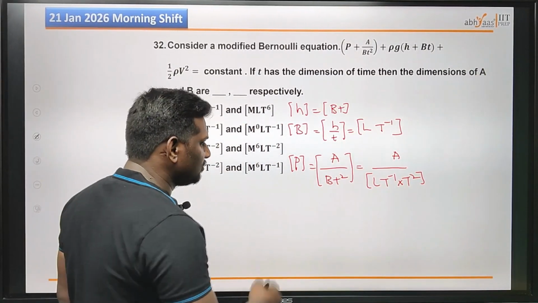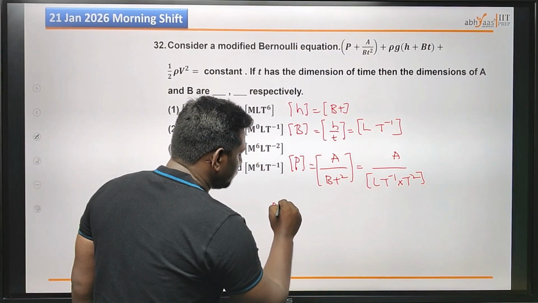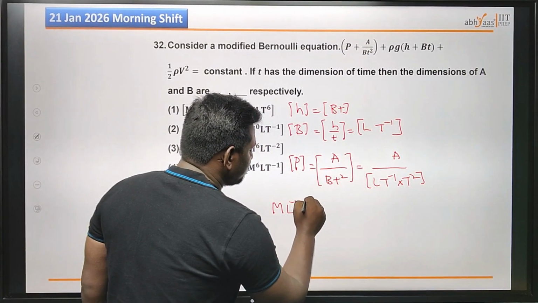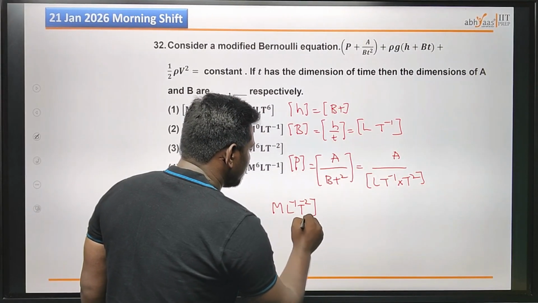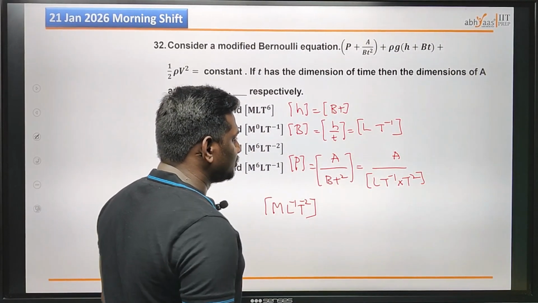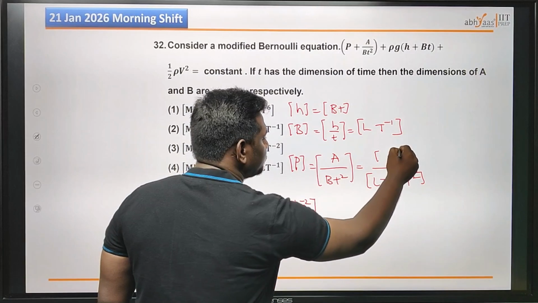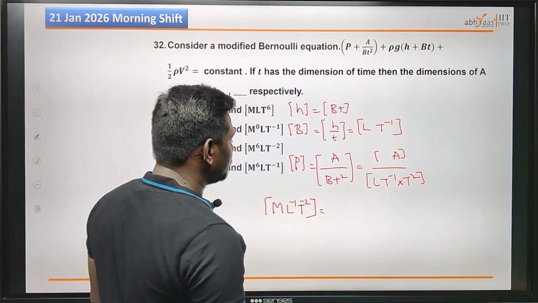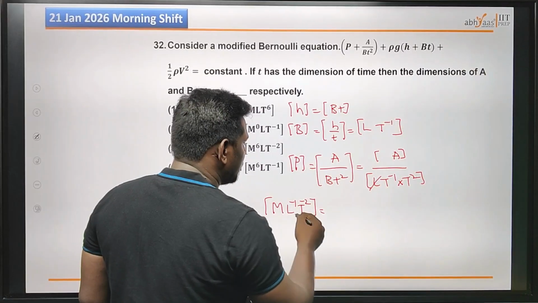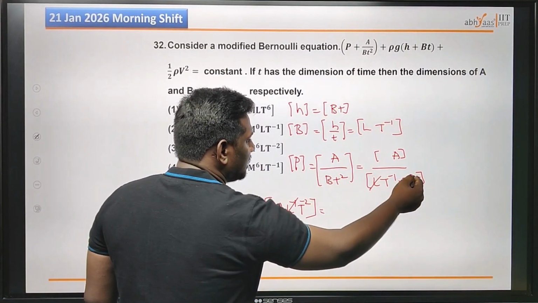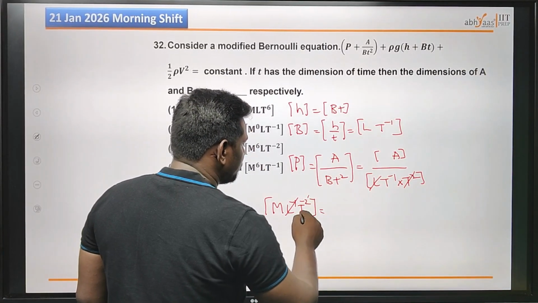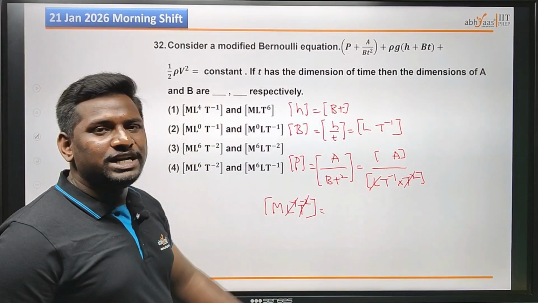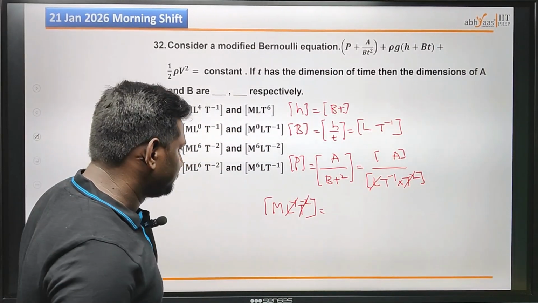We know that: M L to the power minus 1 T to the power minus 2. This is the pressure. If you cancel out, L and L get cancelled, and T square and T to the power minus 1 cancel, and you are remaining with T to the power minus 1.